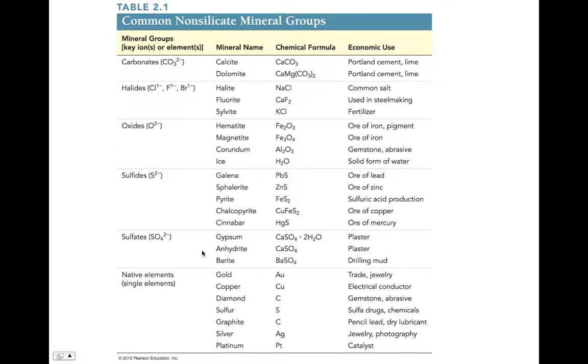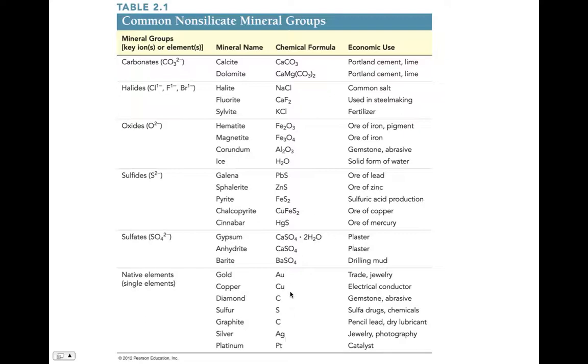The sulfates are those bonded with sulfur and oxygen. We have gypsum, it's used to make plaster, and then we have the native elements. Those elements are just found in clumps by themselves, not bonded with other stuff, just bonded with themselves. So you have gold, copper, diamond, which is pure carbon, sulfur, graphite, also pure carbon, silver, and platinum.